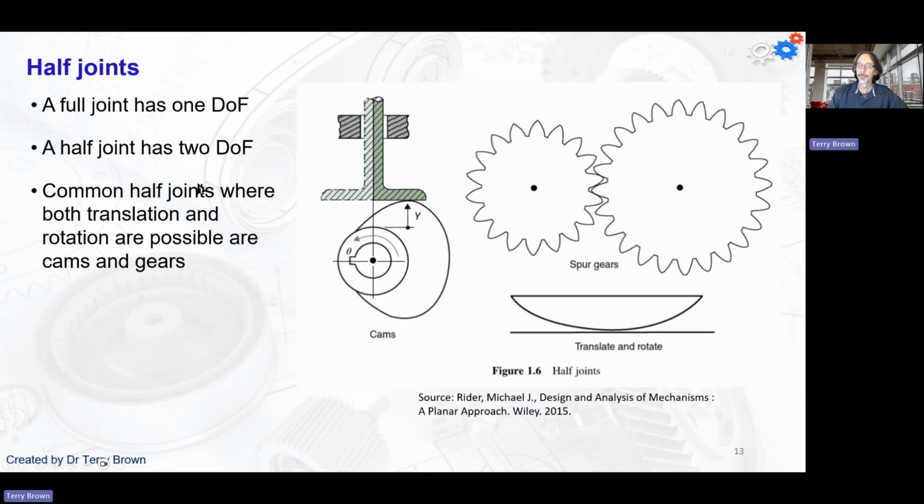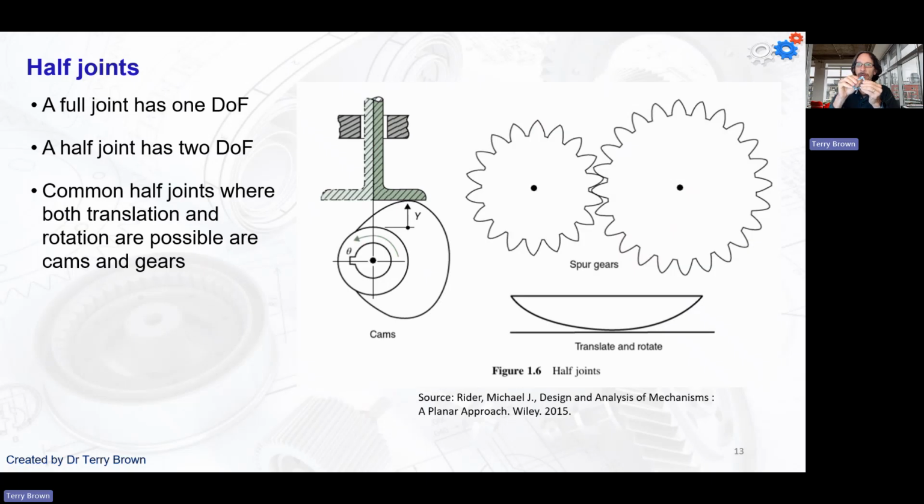Half joints have 2 degrees of freedom. Okay? So a full joint has only 1 degree of freedom. So here at my pin connection, only rotation is possible between the 2 links, right? It can't move relative in a translational way, right?